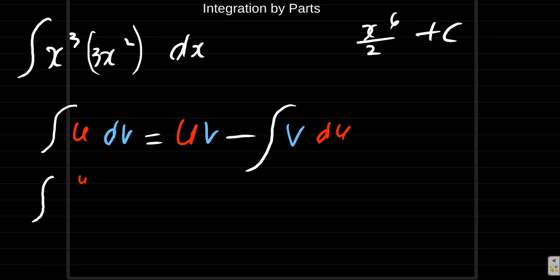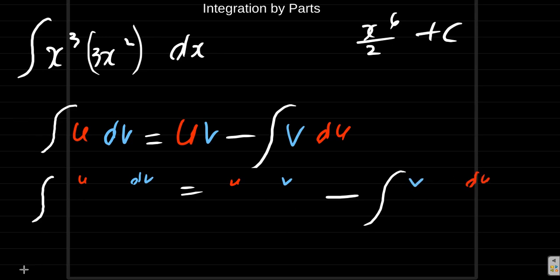So let us say we have the integral of u dv equals, I'm just writing them small to put the various parts below here and line them up, uv minus the integral of v du.